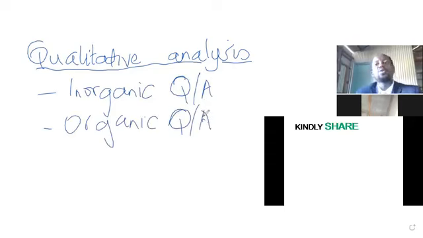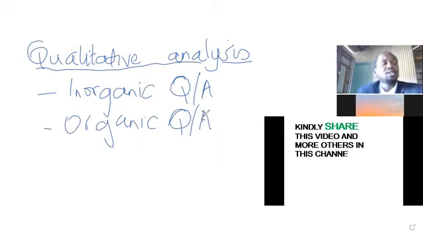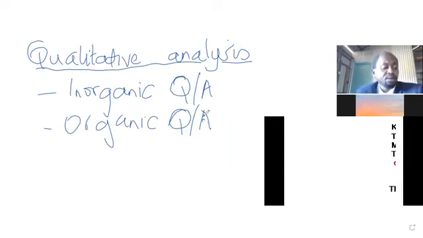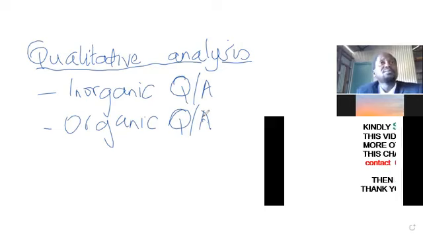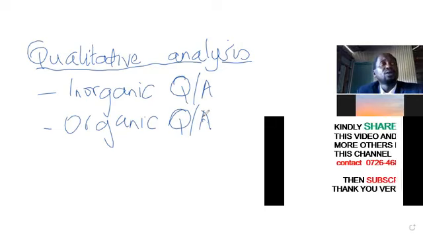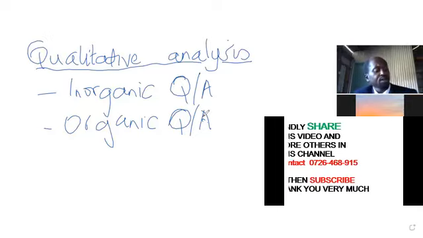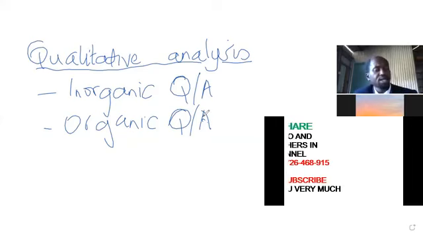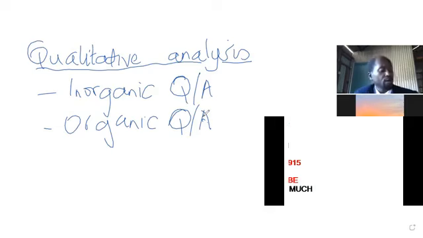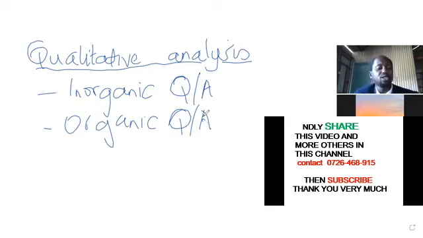Under inorganic qualitative analysis, it normally deals with ionic substances, or substances which consist of metallic cations, non-metallic anions, while organic qualitative analysis deals with organic substances.